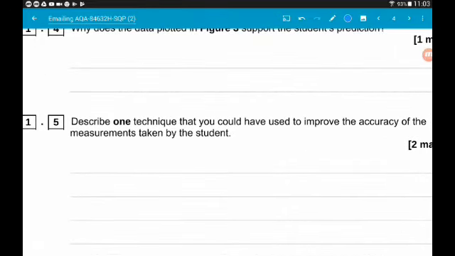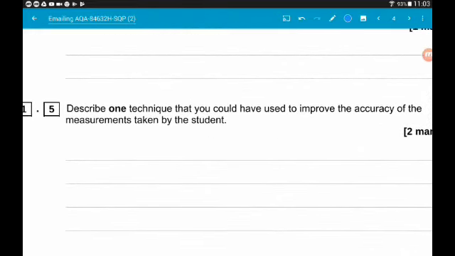Okay, then 1.5 says to describe one technique we could have used to improve the accuracy of the data the student collected. So for this, we could talk about the placement of the ruler, put the ruler directly behind the spring.